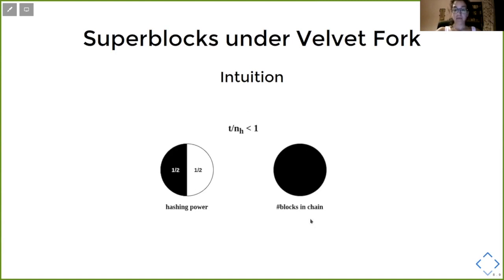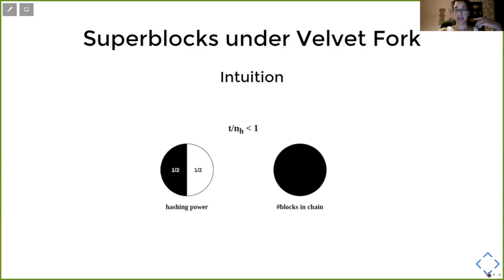In this case, because of the suppression attack, we can have the extreme case that all of the blocks in the honest chain are actually adversarially generated. So the honest provers cannot compete with the adversarial proofs.